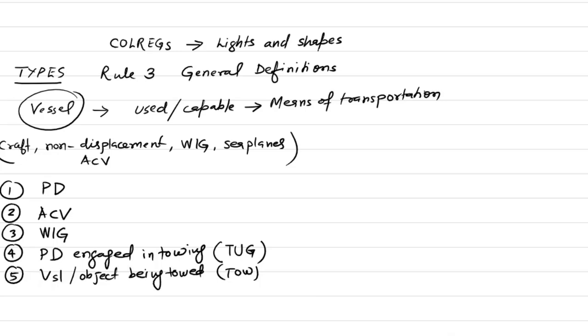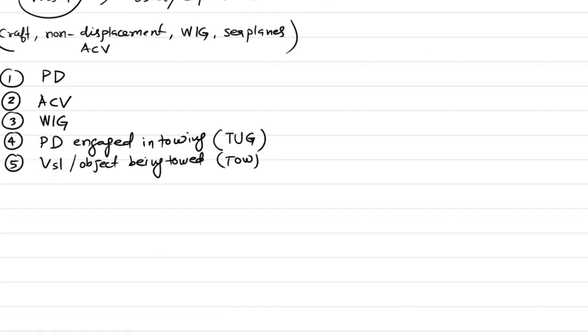Then number 6, remember something? After tug and tow, what is the rule, Anushka? So I'm just trying to recall. Sailing vessel. Okay, so sailing vessel. And after sailing vessel is fishing vessel. Look at the sequence. And for the fishing vessel, actually, there are two types.